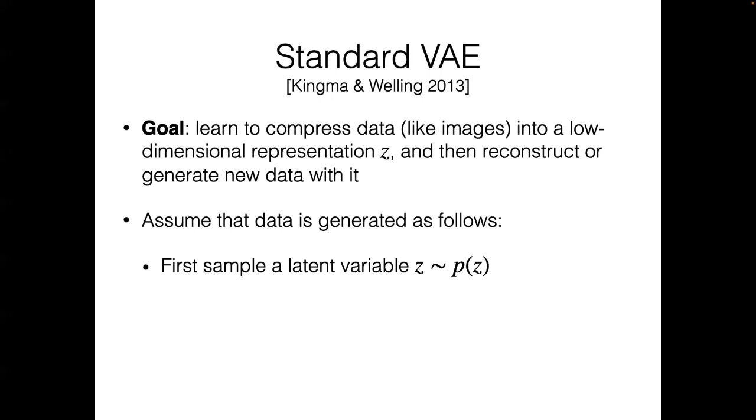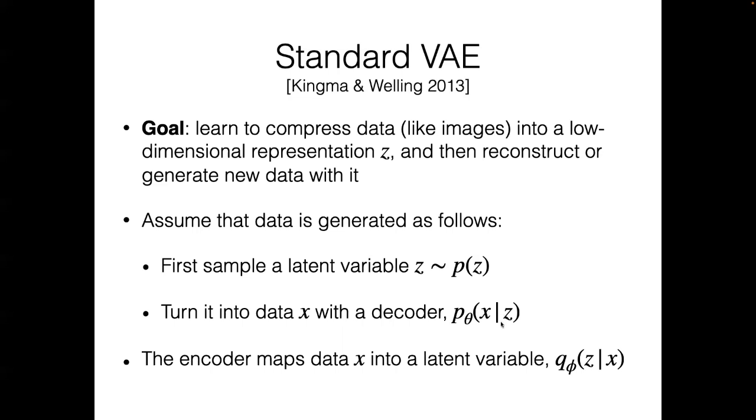Under this model, you assume that you first sample this latent variable z, like I showed you before, and then you turn it into data x with your decoder. Now the question is, if your goal is to get good representations of images, then you basically have to go in the other direction. Given some image, you want to produce a good latent representation of it. And this would correspond to the posterior distribution.